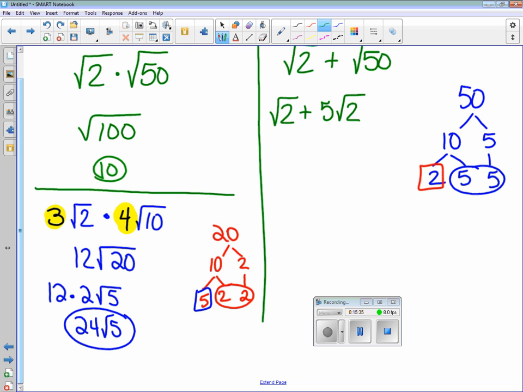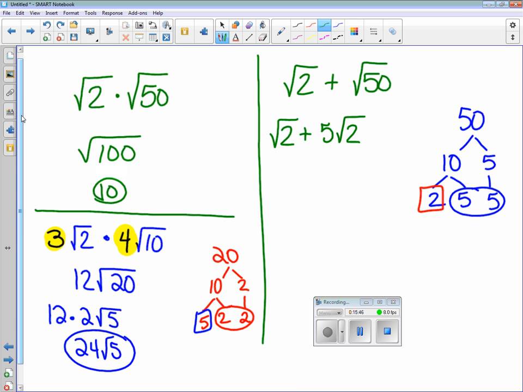Now, are these like terms now? How do I tell? They're like terms if what's underneath the square root is the same. It was not the same in the beginning because one was a 50 and one was a 2. But now that I've reduced the square root of 50, is what's underneath the square root the same? Yes.